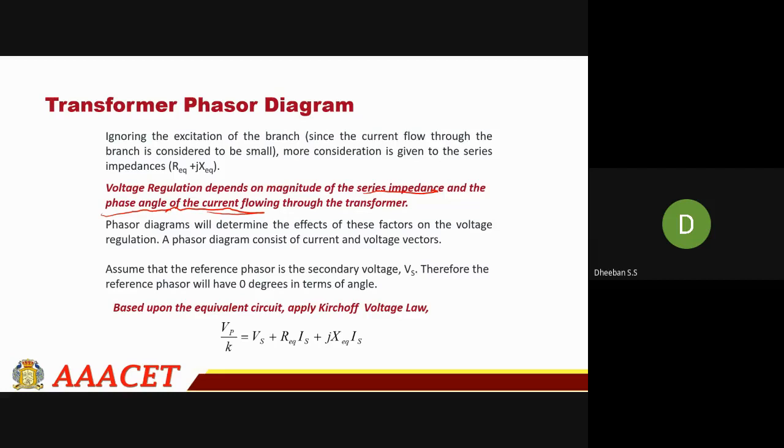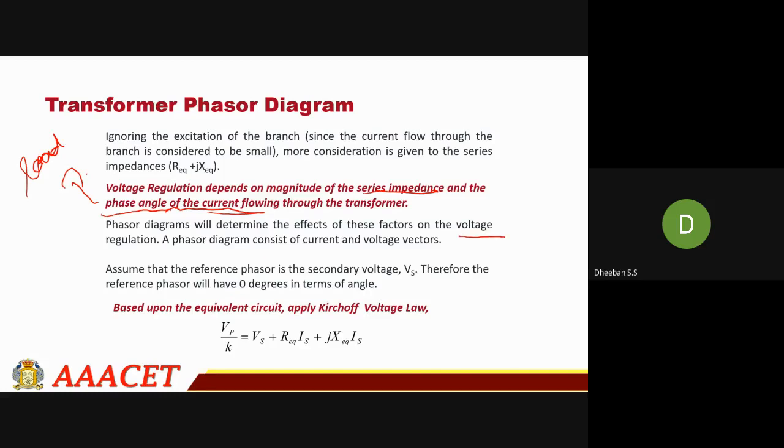Whenever the phase angle comes into play, you have to consider your load. Based upon your load only, you can say how much angle the current gets displaced from your voltage. Phasor diagrams will determine the effects of these factors on voltage regulation.